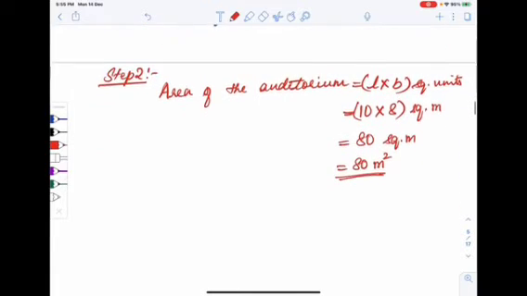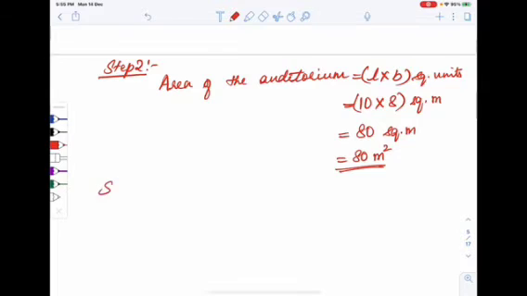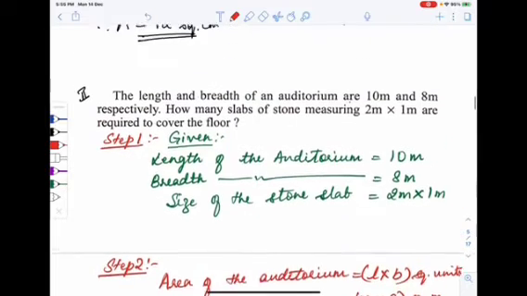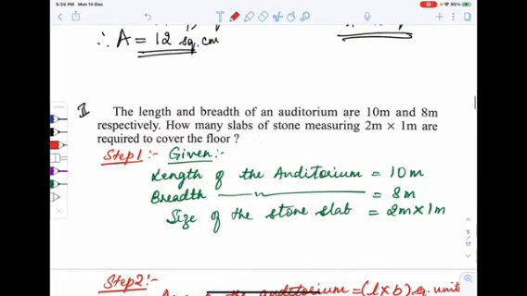Now let's go to step 3. They have given some measurement of stone slabs also, right? We'll see what we need to be doing with it. How many slabs of stone measuring 2 meters by 1 meter are required to cover the floor? Okay, we have known the area of the auditorium, but we need to find out how many stone slabs, or the area of stone slabs, we need to cover the whole area.